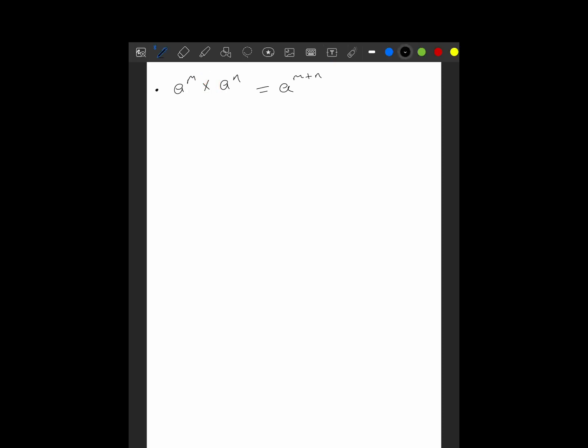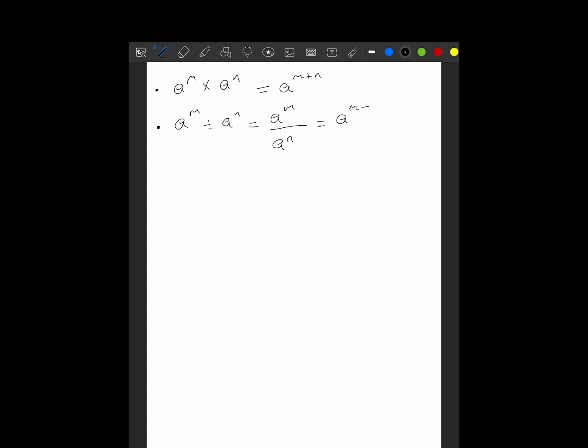What about a power m divided by a power n? If you are dividing, you're no longer multiplying, and the bases are the same. I keep the base, but with the exponent you then minus the exponent.